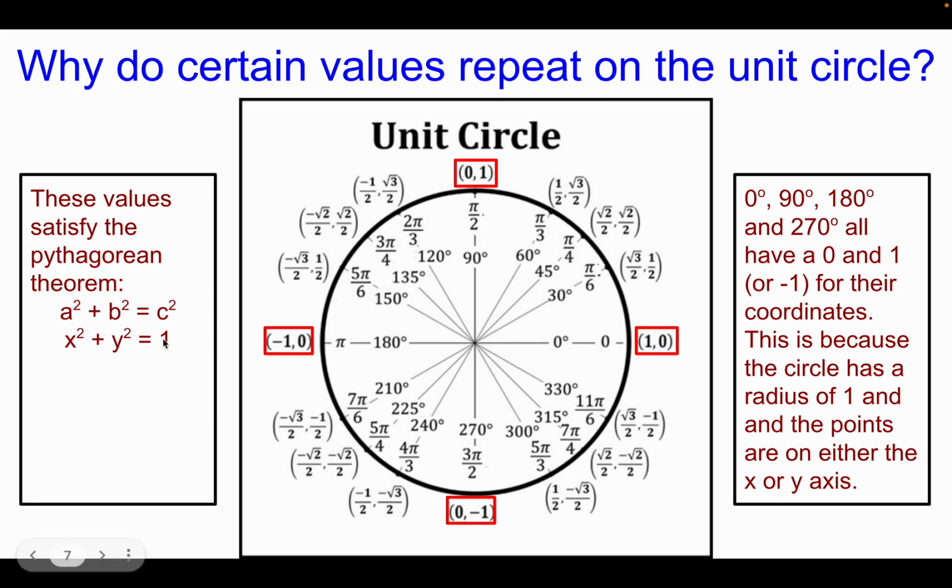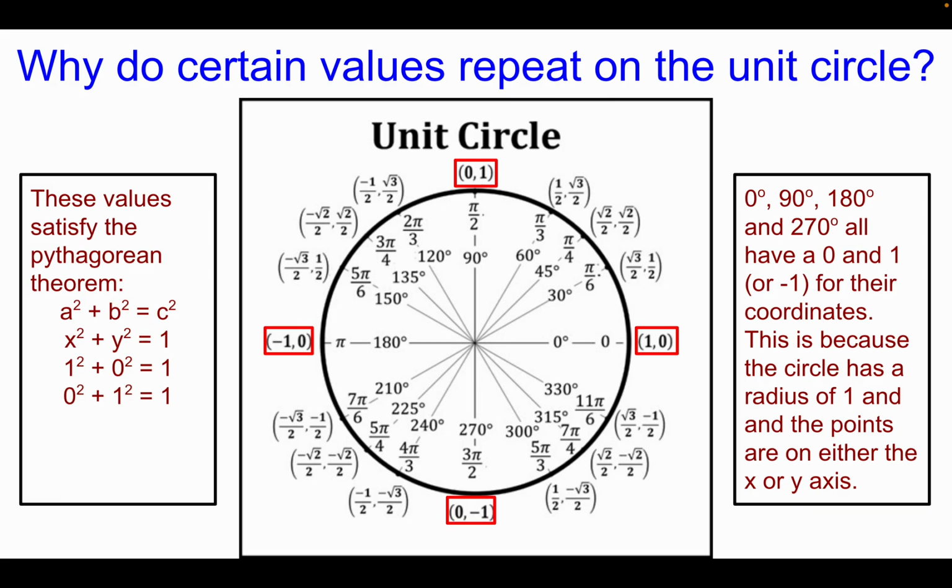So c squared is going to be 1. And then x will just be the x coordinate of the point on the unit circle, and y will be the y coordinate. And so if we look at our first point, (1, 0), 1 squared plus 0 squared equals 1, right? Because 1 squared is 1, and 0 squared is 0, and 1 plus 0 is 1.